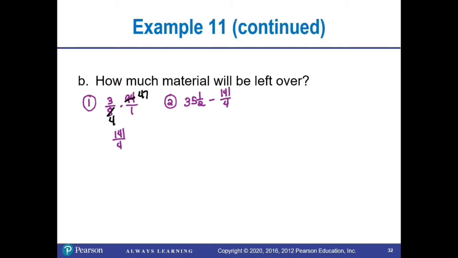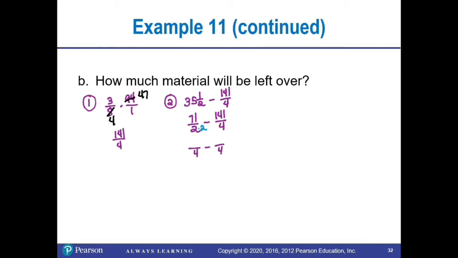Change your mixed number to an improper fraction. In part A, we saw that 35.5 is the same thing as 71/2. Bring down your second fraction. Find your common denominator, which is 4. Write each fraction using that common denominator. 2 times 2 would make 4 in the first denominator.